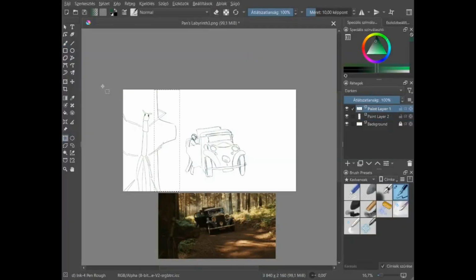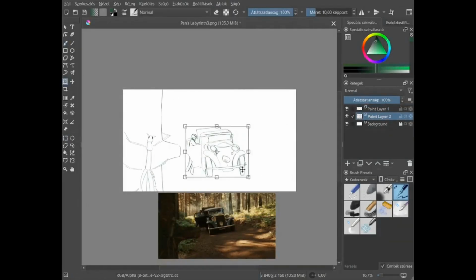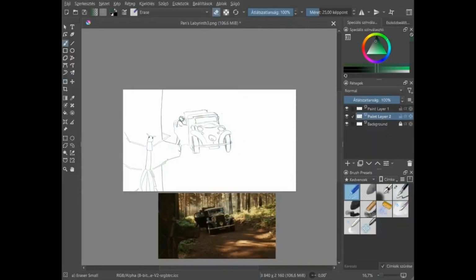Considering how much time these paintings are taking me, I will try to keep it up to an hour long rant about the entirety of Pan's Labyrinth and my conclusions of the whole movie based on the visual language of these scenes.